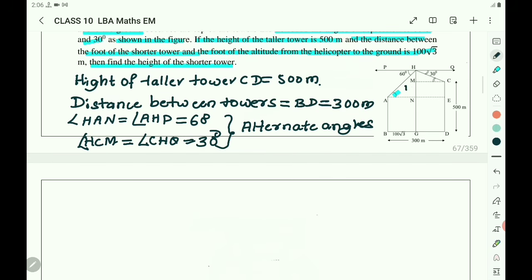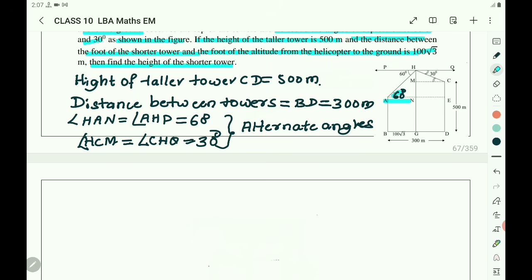Now let us take this triangle. In the right angle triangle HNA, for this angle we got 60 degree. For this angle, HN is the opposite side and AN is the adjacent side.